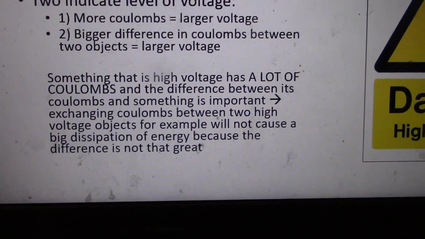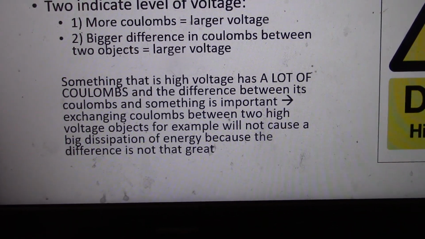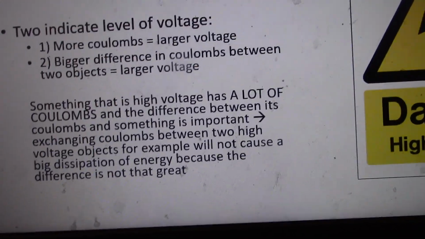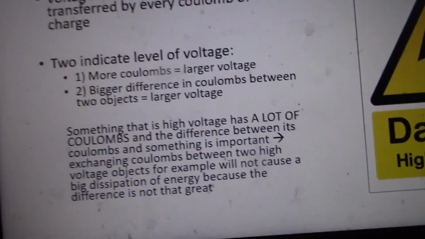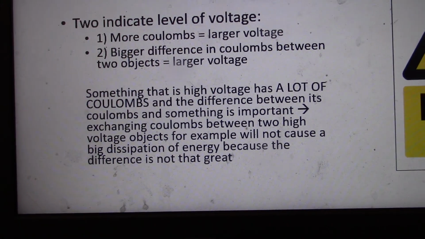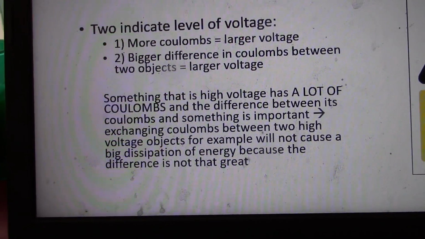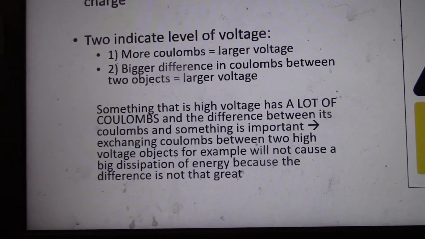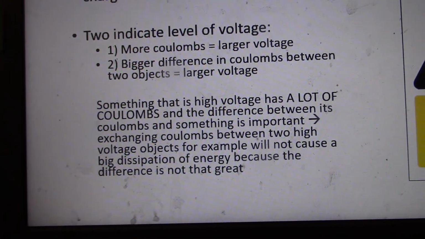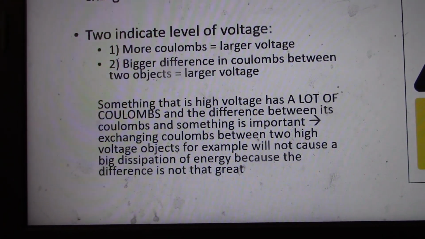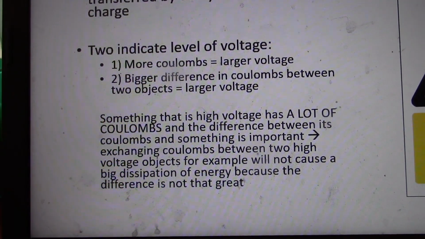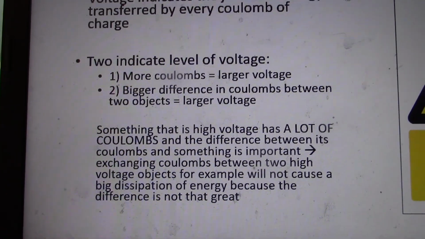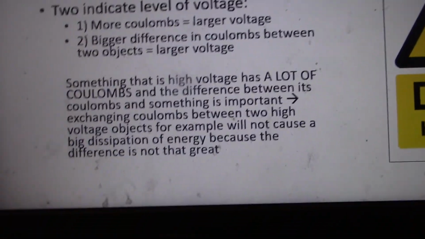So for example, if we have an electrical transformer box that is 50,000 volts, that means in comparison to the average human body, there's 50,000 more volts of electricity than is present in the human body. So if I were to touch that electrical object, it could transfer 50,000 volts of electricity to my body.